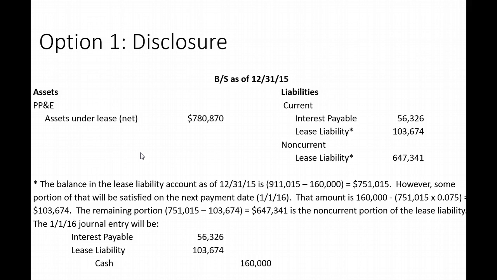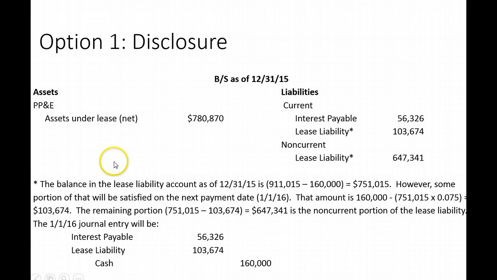So what I want you to do here is hit pause again and see if you can determine the journal entries, the recognition that's necessary for an operating lease, and then also the balance sheet disclosure on December 31st for an operating lease.